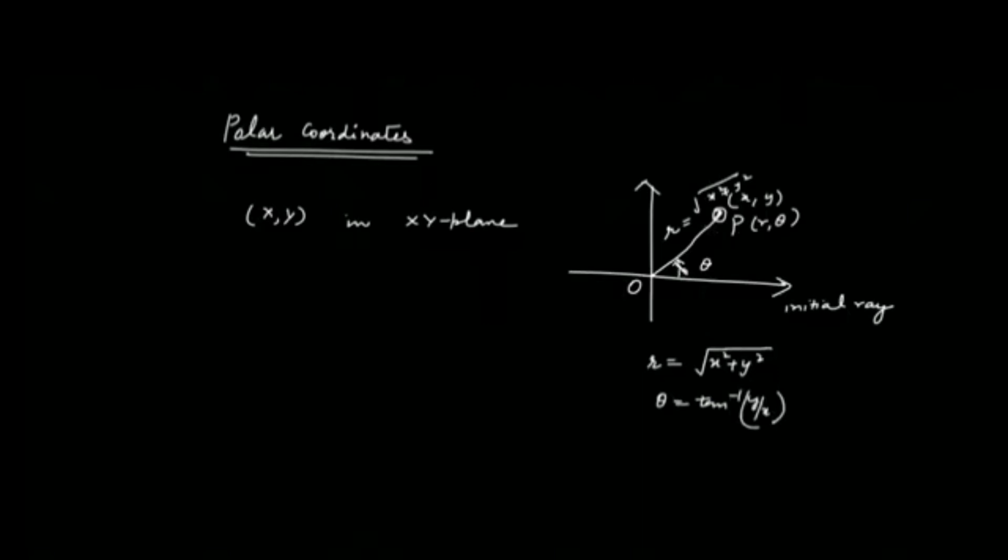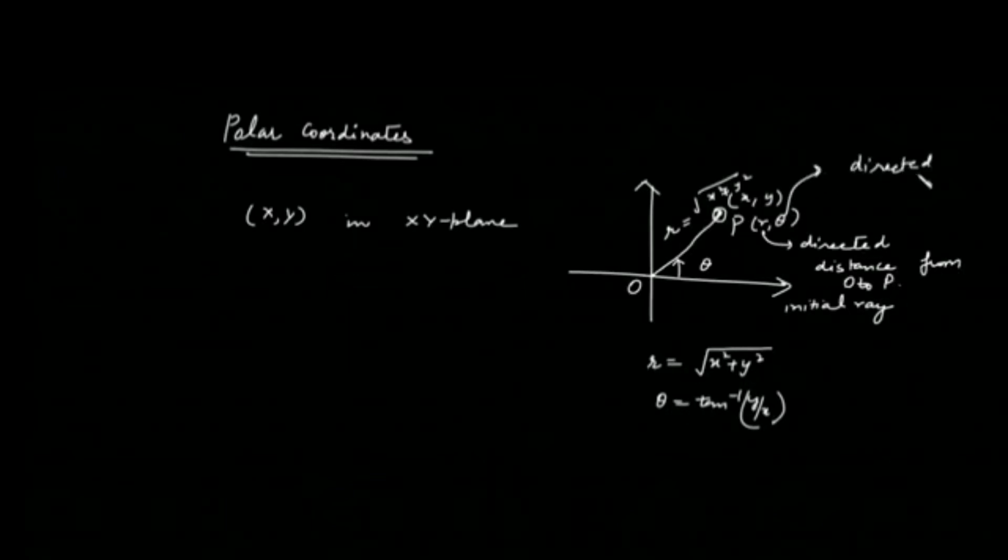Here this r is a distance, a directed distance from the pole O to the point P, and this theta is the directed angle from the initial ray to OP, right?